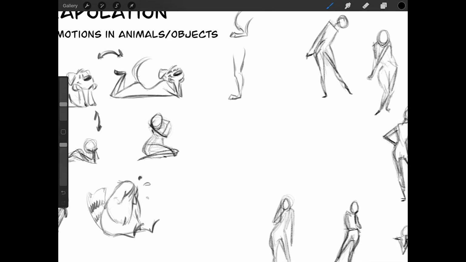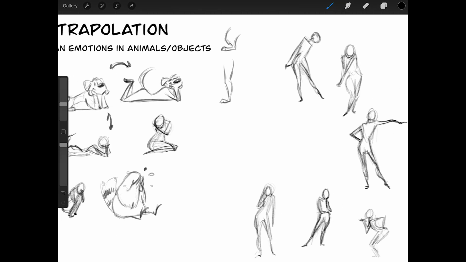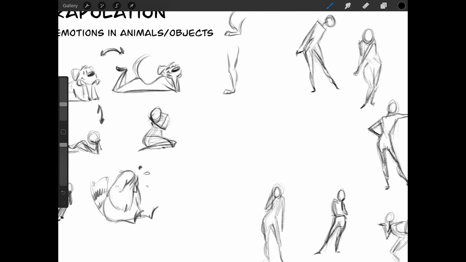So again, I think we have an emotion that is maybe a bit sad, or it could also be shy. It's very important that you decide on this, what kind of emotion you want, because it is something that you incorporate into your next drawing.